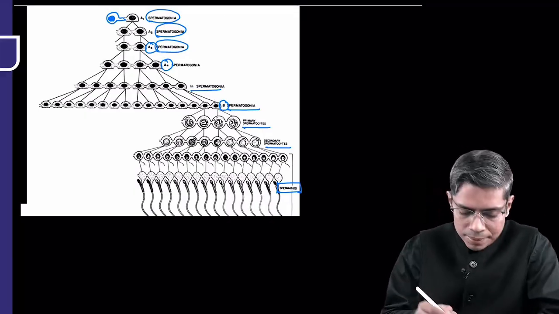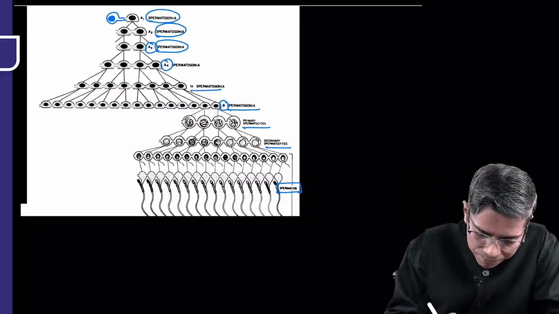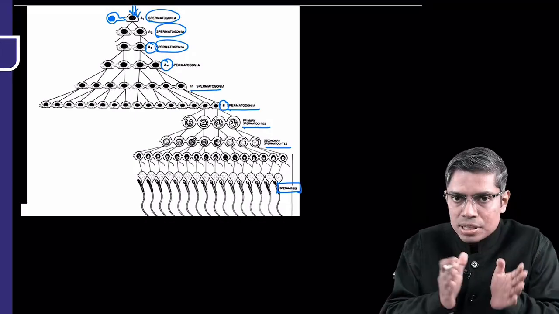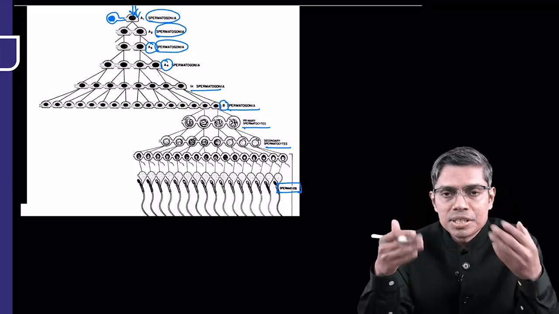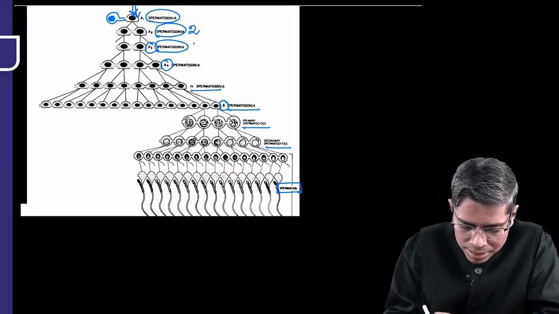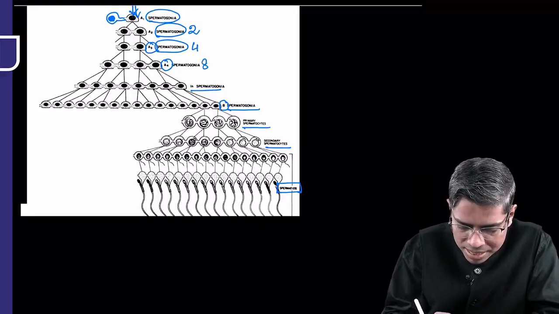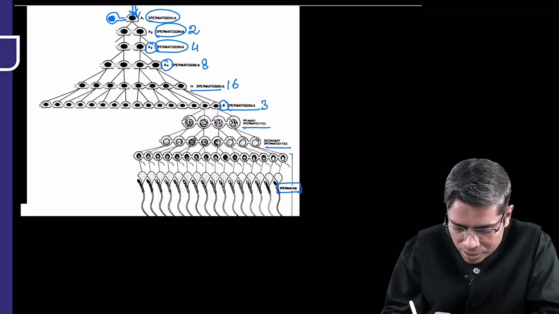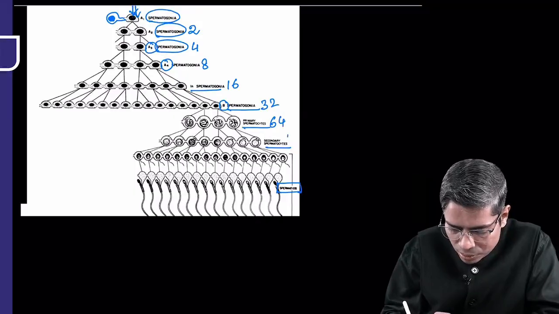So if you calculate, suppose this is one spermatogonia cell. I told you that initially the two cells will start division simultaneously. Whenever this one cell is dividing into 2, then it will divide into 4, then 8, then 16, then 32, then 64, then 128, and then 256.